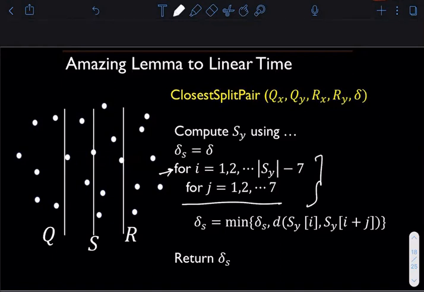Okay, this algo is wrong. Why is this algo wrong? Yeah, it might be wrong. Why?